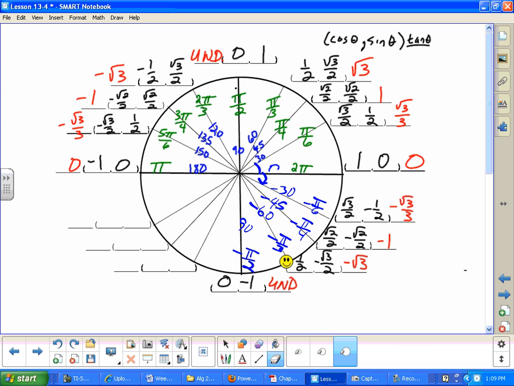For sine and for tangent, I'm going to use the fourth quadrant and the first quadrant. For sine, the first quadrant has positive y values and the fourth quadrant has negative y values. For tangent, first quadrant, positive y values; fourth quadrant, negative y values. But when I'm in the fourth quadrant, I have to use these angles here.